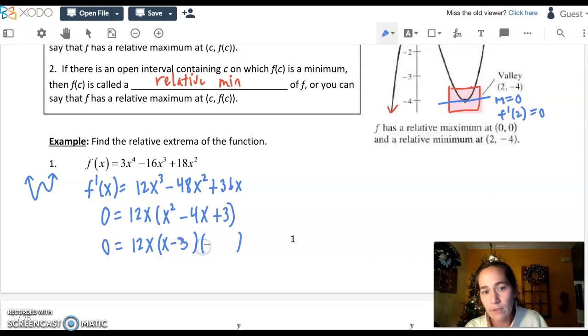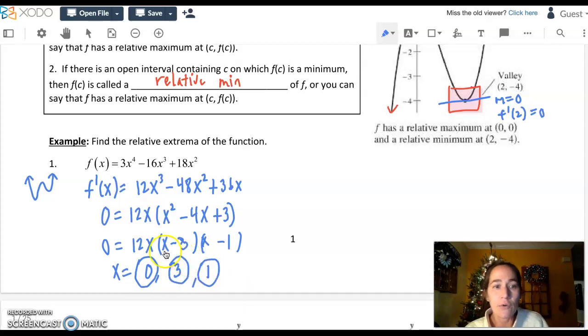And then x also minus 1. And we can set all 3 parts of this equal to 0. You're going to have extreme values at these 3 x values. You're going to have one at 0, where the derivative would be 0, one at 3, and then another one at x equals 1. So if they ask you the location of the relative extrema, you can give those x values.